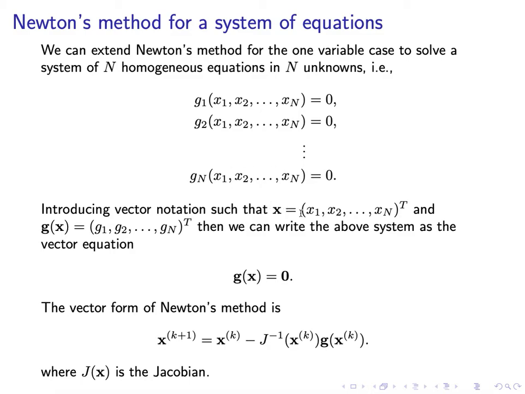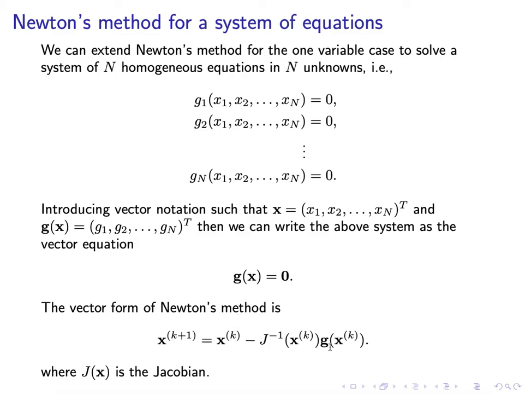If we let x be the vector of x1, x2, etc., and g in bold, notice that's subtle, be a vector containing our functions, then we can write this system as a vector equation, and the vector form of Newton's method is this.